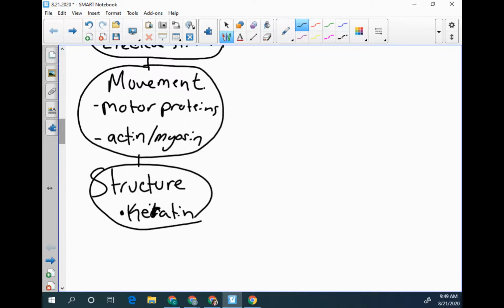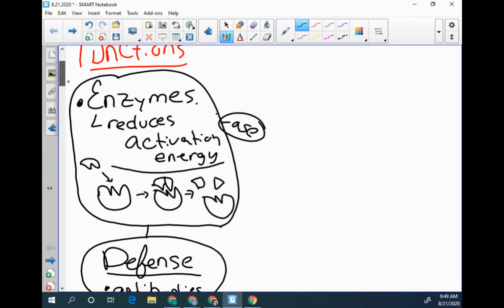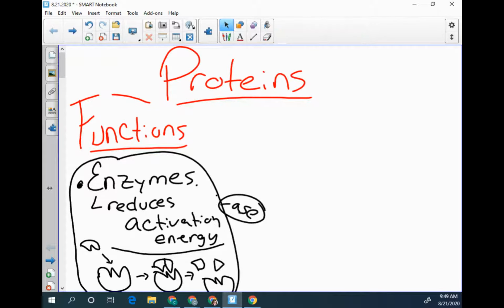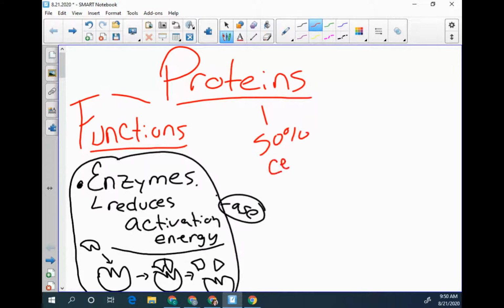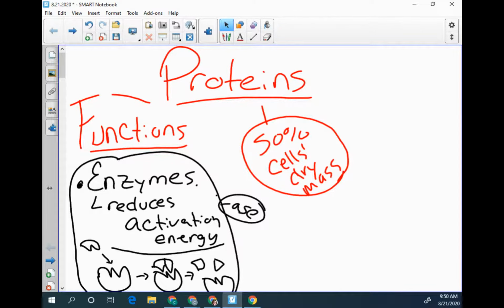All right. So we're going to go way back up here. Proteins make up about 50% of a cell's dry mass, which means if we take a cell and we dry it out and we weigh it, about 50% of that weight is proteins.